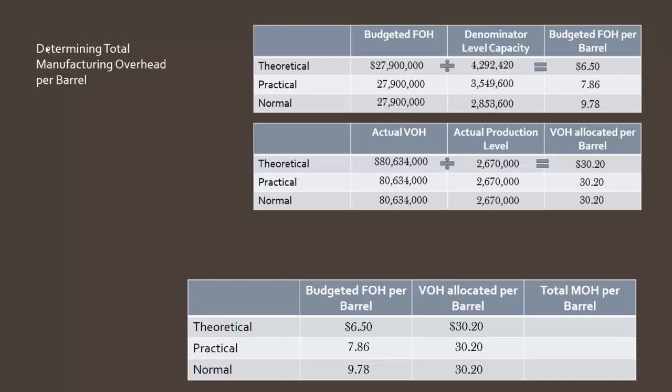So theoretically, our total manufacturing overhead that should get allocated to each barrel, if we produce as much as we possibly could, is just equal to those two together, $36.70. Practically, if we operated safely and maintained our machines and produced as much as we could, we'd only be allocating $38.06 to each barrel. And if we consider our customer demand for normal capacity, we should allocate $39.98 to each barrel.